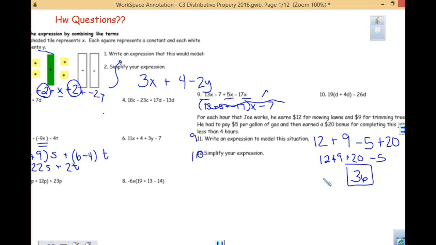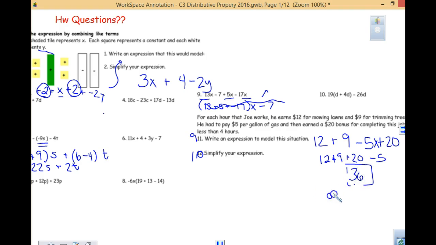Yeah. So number 9, wouldn't it be 5x? Because it says 5 per, but it said he had to pay, it doesn't say how many gallons. Yeah, so could we have this as 5x? I would take it if you did it that way, or if you just had 36 here.